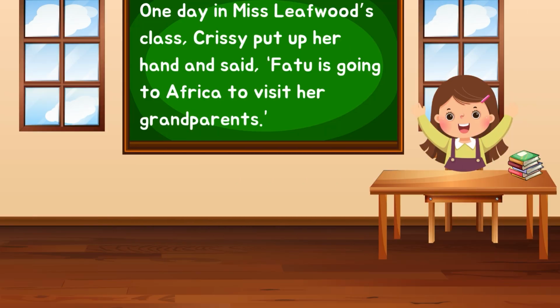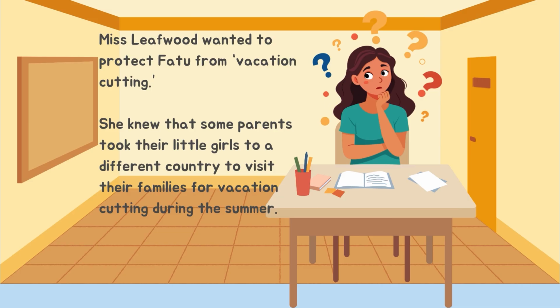One day in Miss Leafwood's class, Chrissy put up her hand and said, "Fachu is going to Africa to visit her grandparents." Miss Leafwood wanted to protect Fachu from vacation cutting. She knew that some parents took their little girls to a different country to visit their families for vacation cutting during the summer.